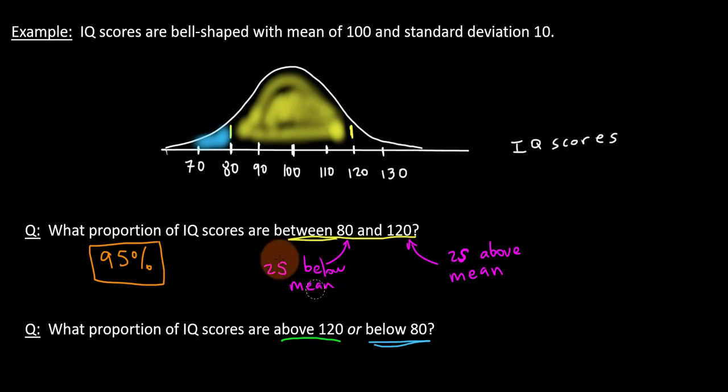And the above 120 is going to be shaded up here. Notice at the moment, the entire distribution is shaded by either something blue or green or yellow.